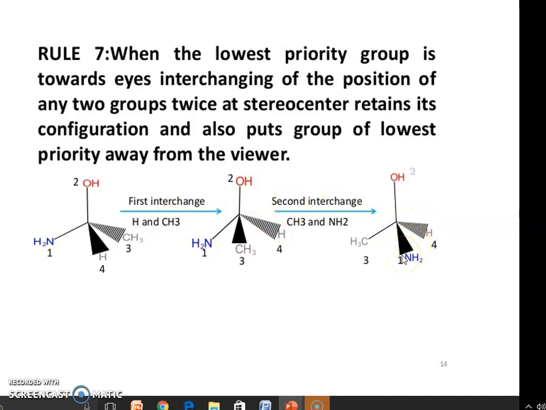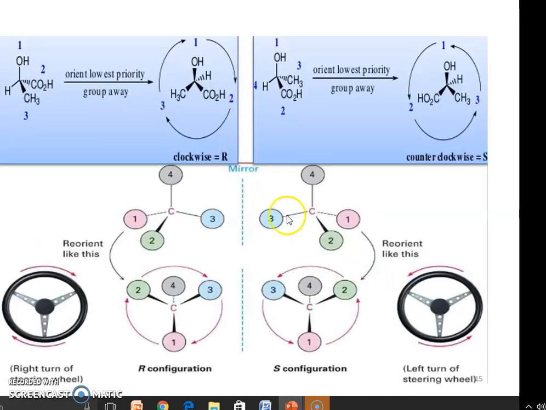Now this becomes first, this becomes second, this becomes third, and this becomes fourth. This is away from the viewer. And here, if it is clockwise, then it is assigned R. So this is one example.